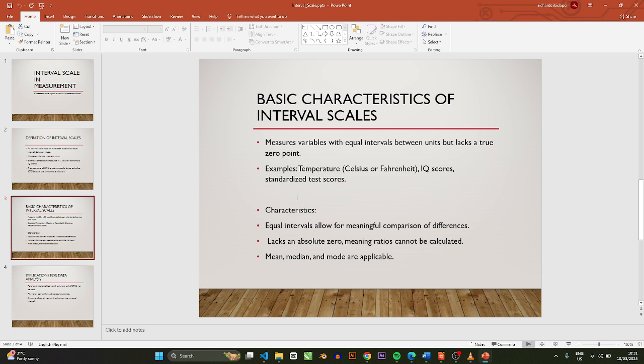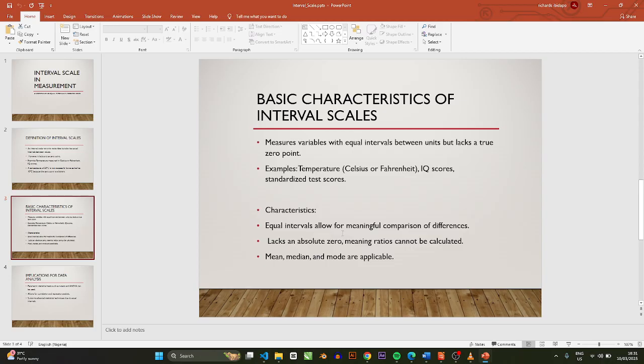The equal interval between each value ensures meaningful comparison of differences. Because the intervals are always the same, it allows for meaningful comparison to be made.